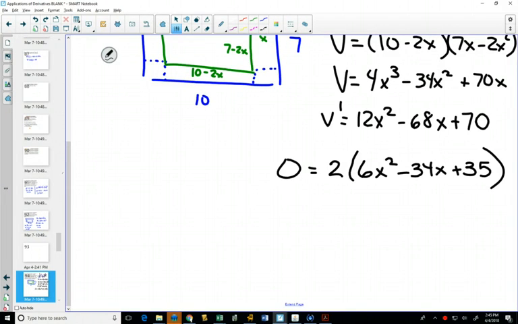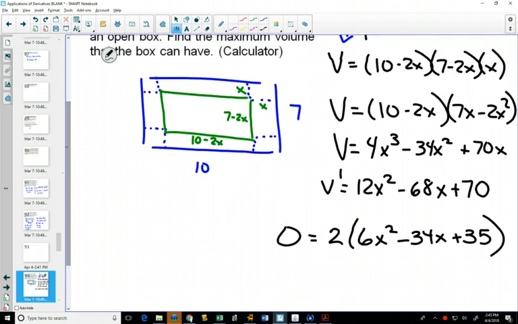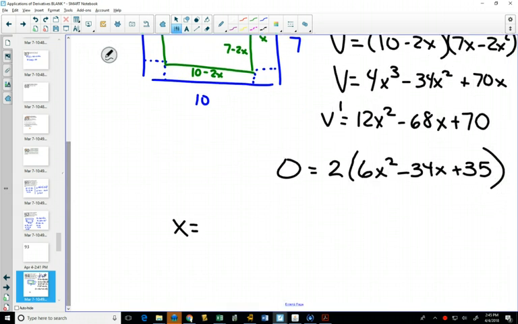Pretty big numbers. We can iterate through them. Unfortunately, it doesn't factor. So then, if you wanted to solve for x, you would have to go to your quadratic formula.